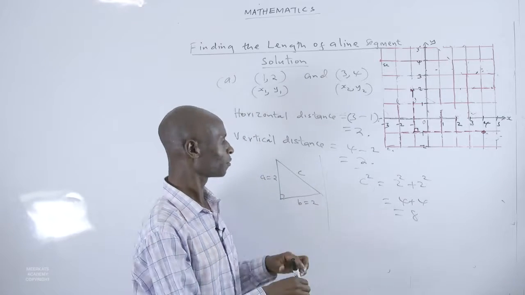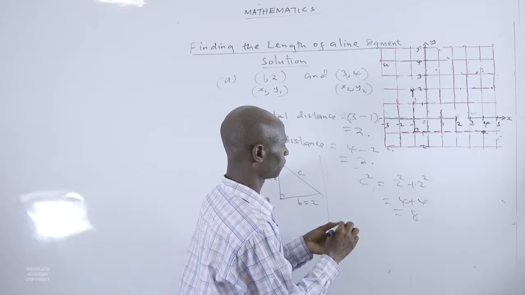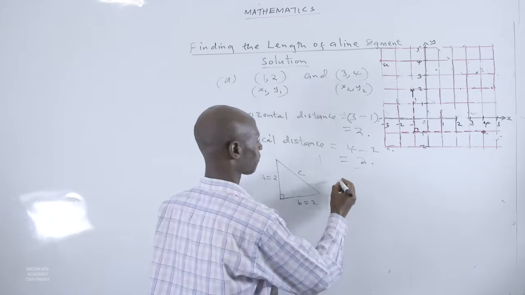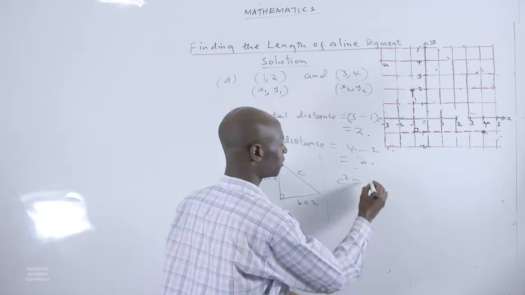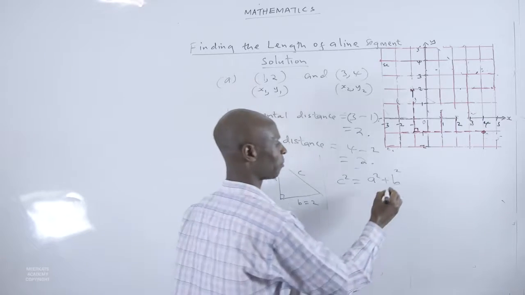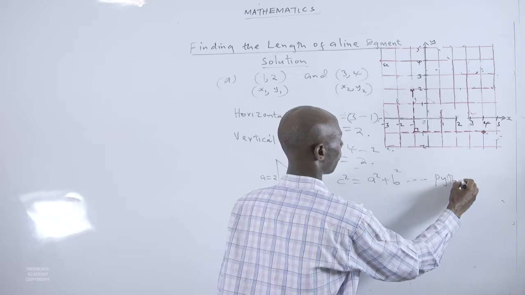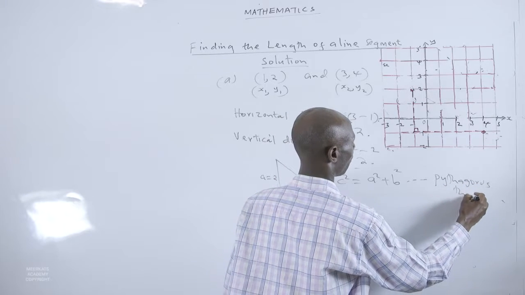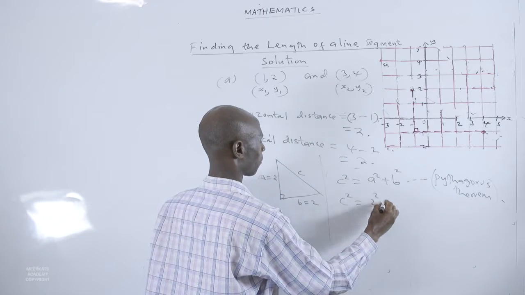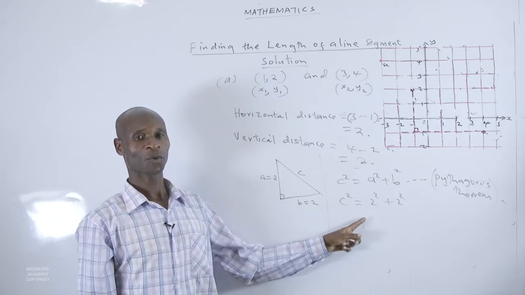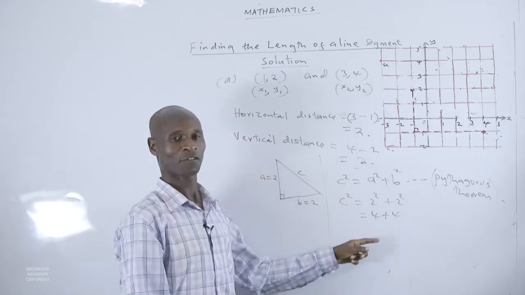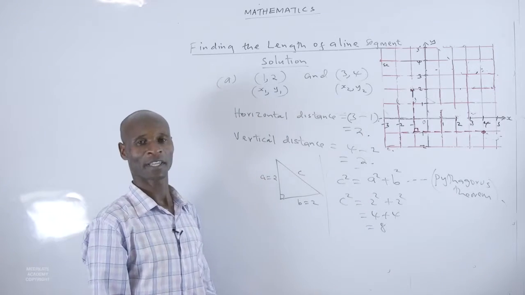C squared will be A squared plus B squared. That is Pythagoras' theorem. C squared is equal to 2 squared plus 2 squared, and that is 4 plus 4, which leaves us with 8.